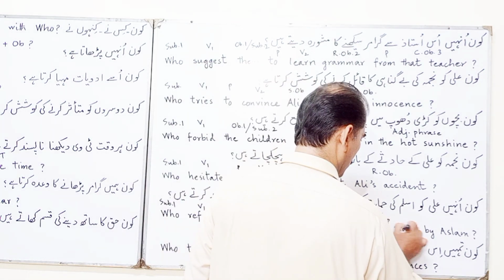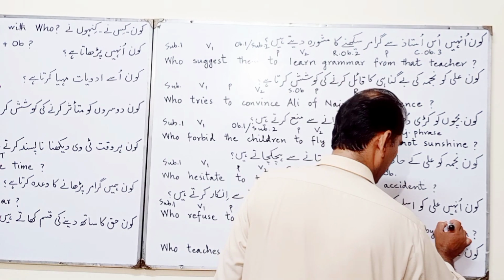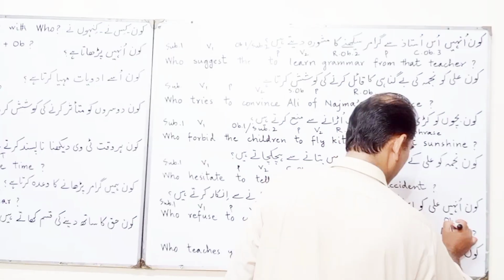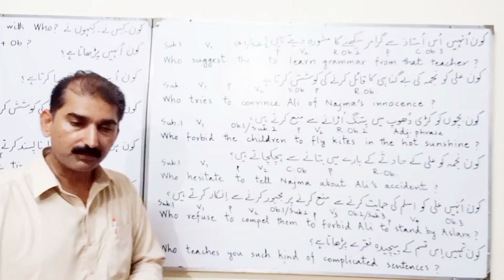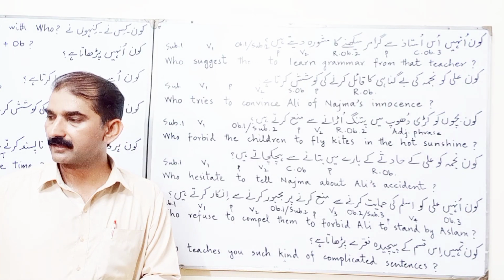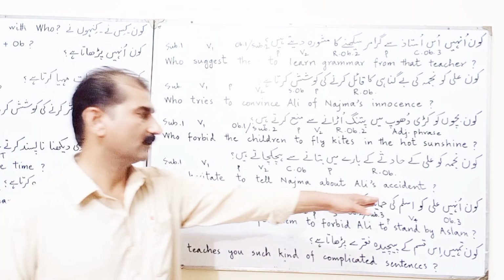To is a preposition, standby is our verb 4, and Aslam is our object 3. Now in this sentence we have used 3 subjects and 3 objects at the same time. Just pay attention to its translation as well as English.